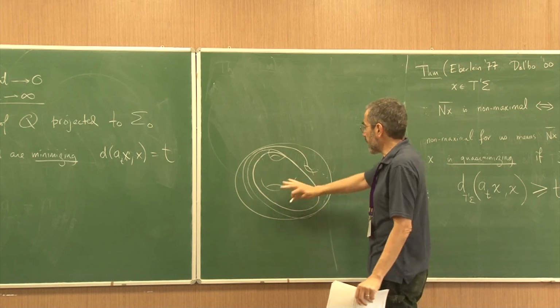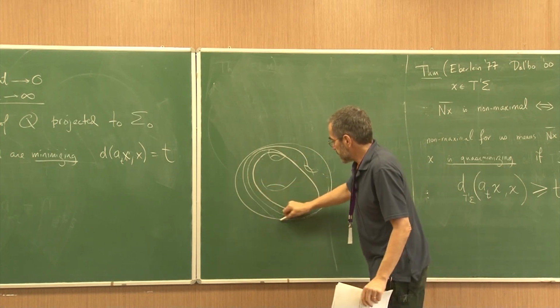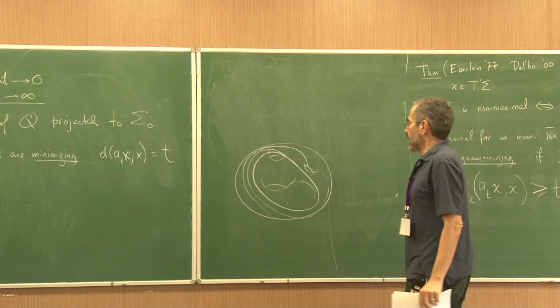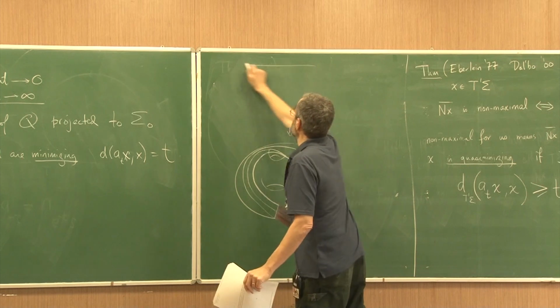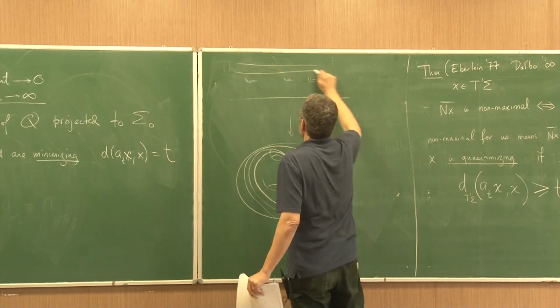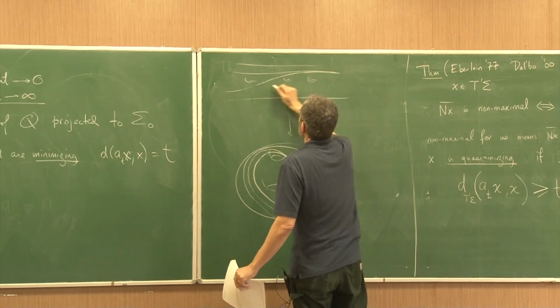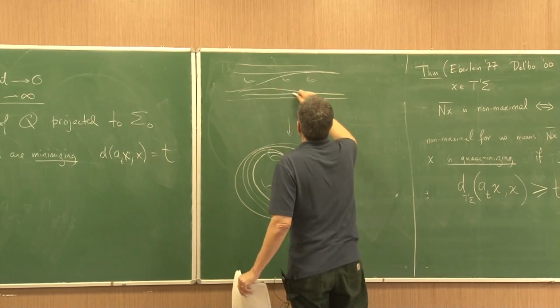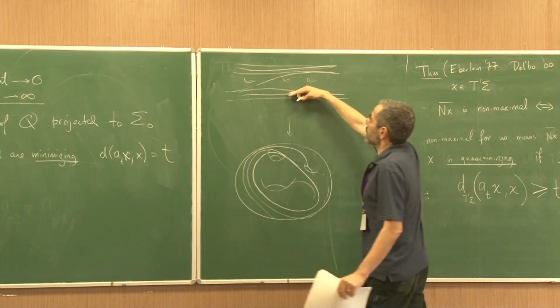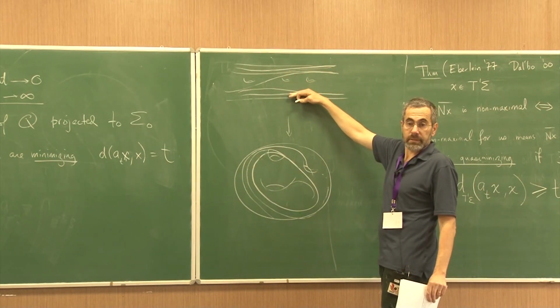Anyway, I'm not going to draw too much more of it, but it's some kind of picture like that, which lifts upstairs to some collection of lines, which is complicated and accumulates on itself in complicated ways, but has the property that every one of these lines is isometrically embedded in the surface.